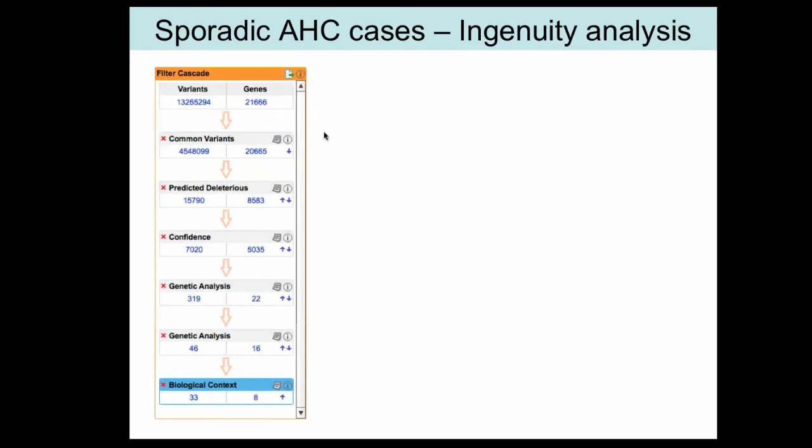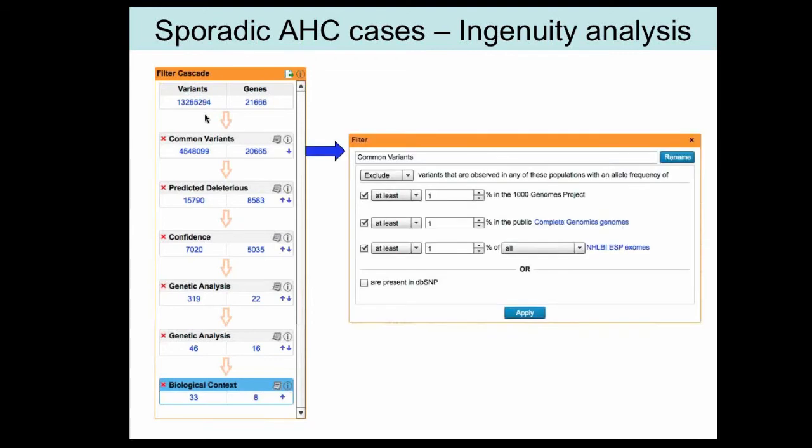Just to go quickly through the filter cascade, you can see here that there were some 13 million variants in the set of 18 sporadic cases of AHC, affecting pretty much every single gene. The first filter that we defined is one to trim the number of variants according to frequency in the population. Since AHC is a pretty rare disease, it was very natural to assume that the variants causing it should be rare.